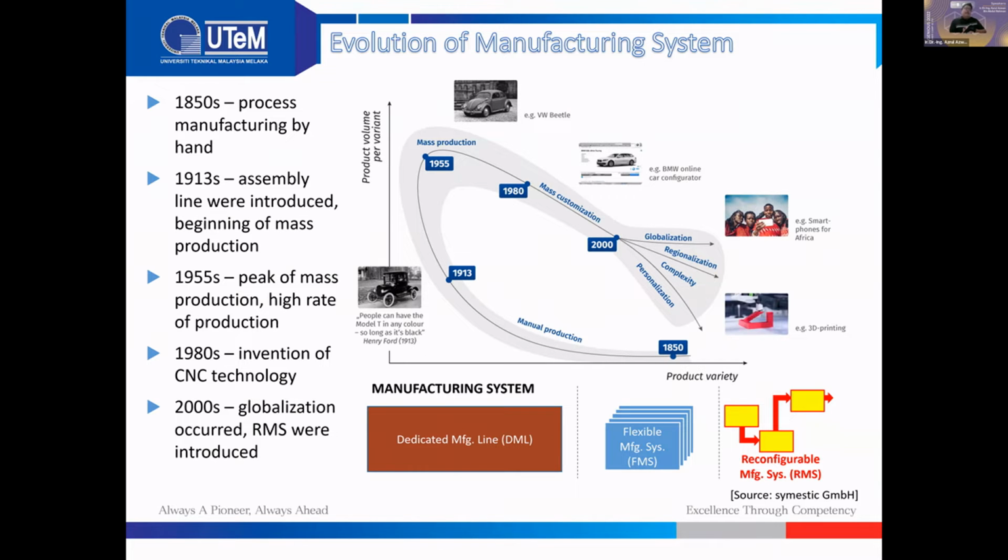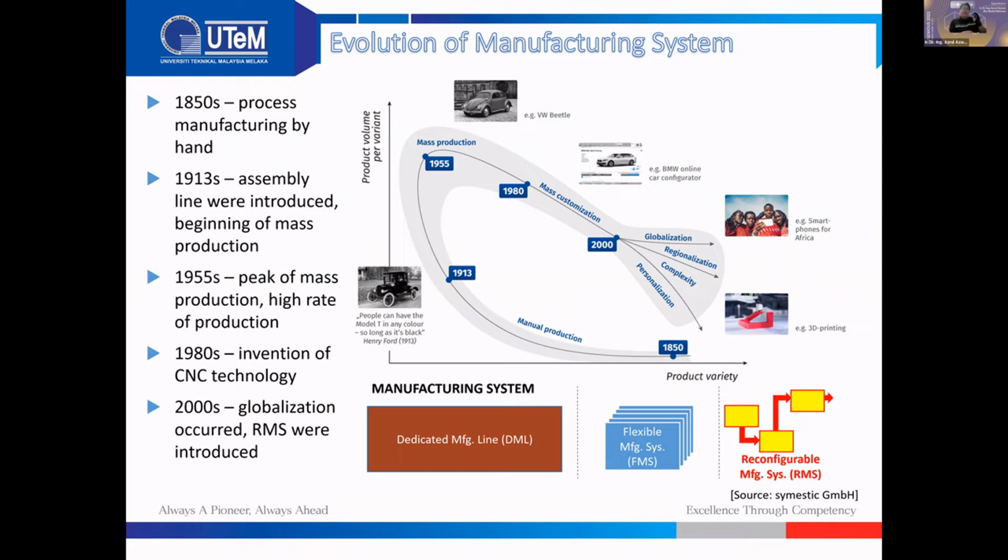And nowadays, in order to cater to personalization and a lot of changes in demand, some researchers suggest using the reconfigurable manufacturing system. So we're going to take a look at what the reconfigurable manufacturing system is.